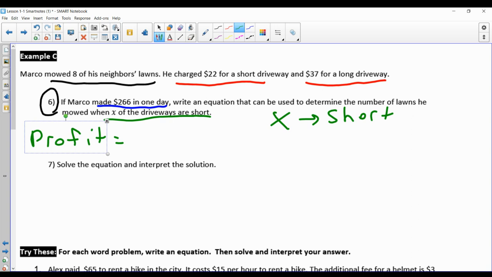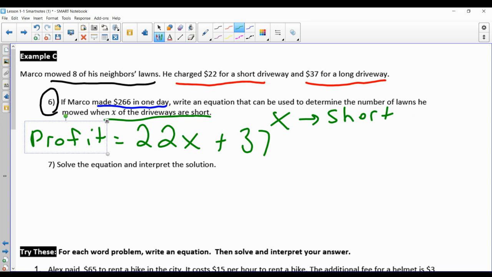So if X is the short driveway, this is going to be 22X. After that, now we got to think, okay, well, how do we figure out the $37, the long driveway? So if I'm trying to think profit, this is going to be plus 37.